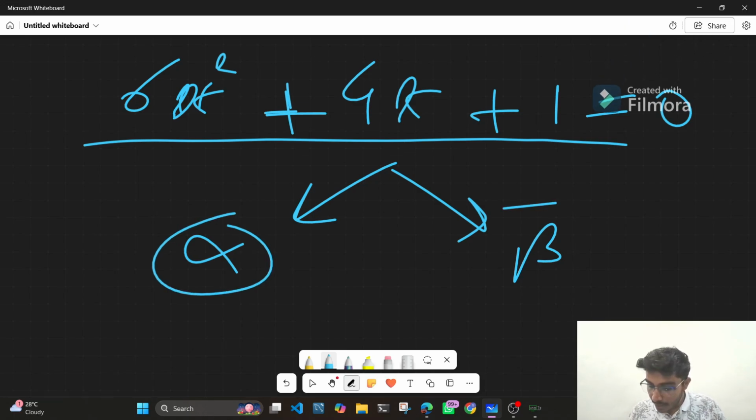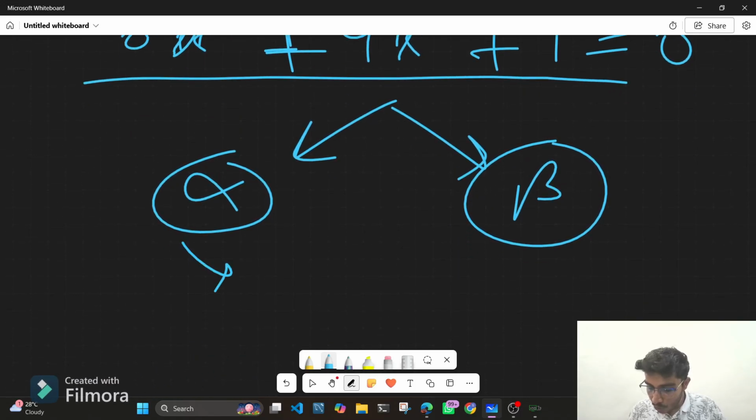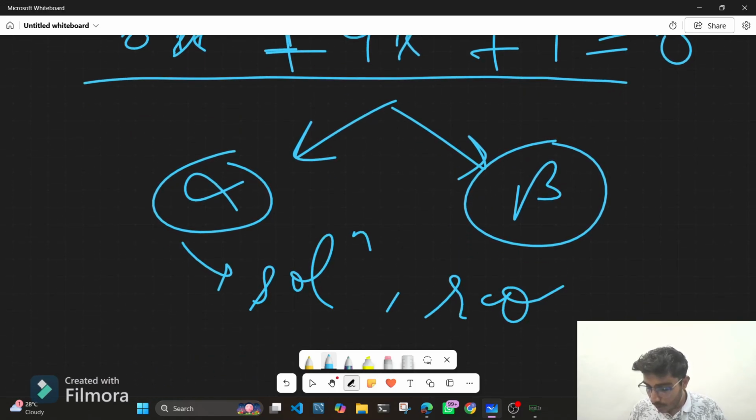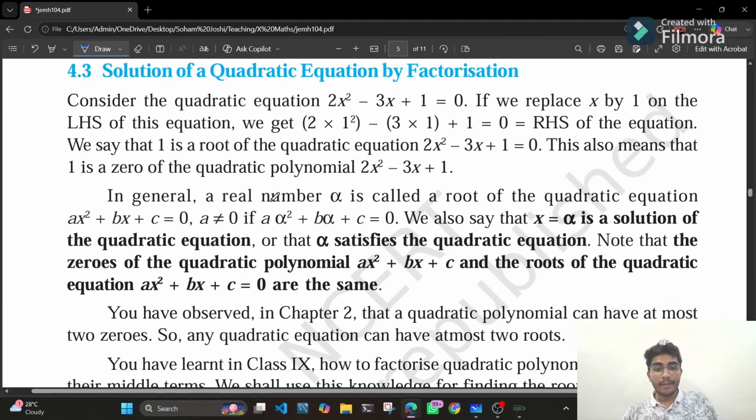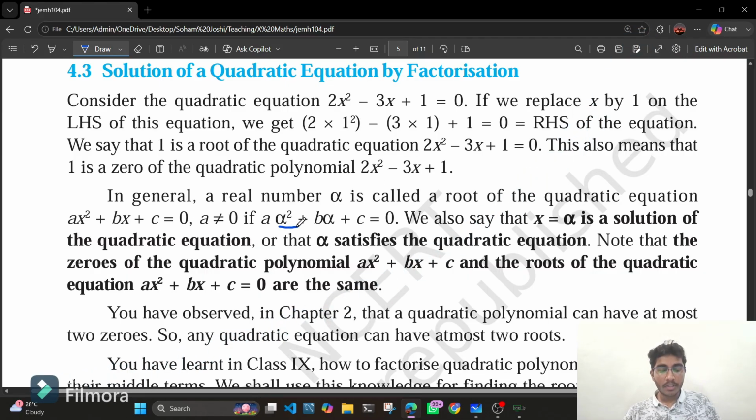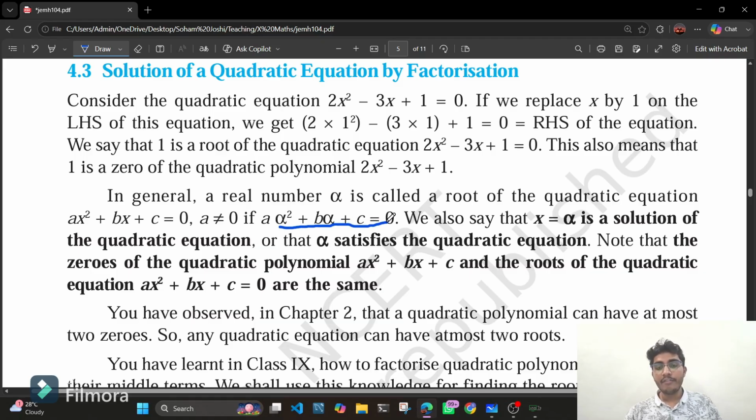Therefore, alpha and beta are called solutions or roots of the quadratic equation. We can say in general a real number alpha is called a root of the quadratic equation if we have substituted alpha in the place of x and this is satisfied. We also say that x is equal to alpha is a solution of the quadratic equation, or alpha satisfies the quadratic equation.